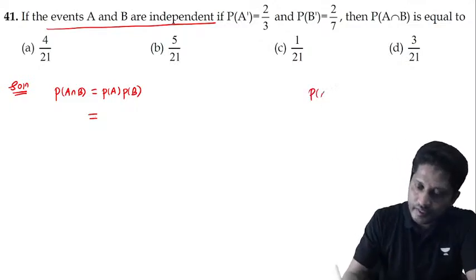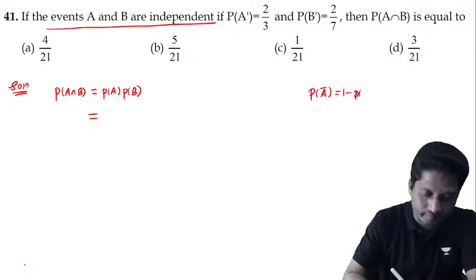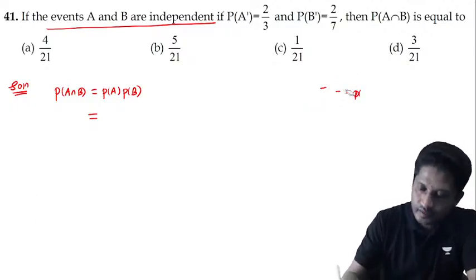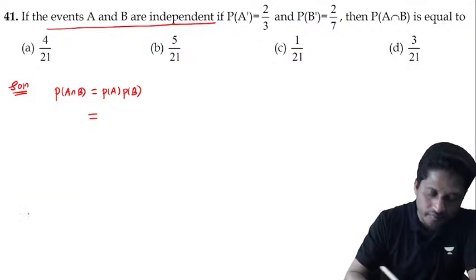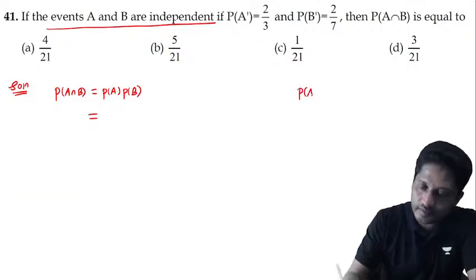We know that P of A bar is equal to 1 minus P of A. P of A plus P of its complement is always equal to 1. So probability of A plus probability of A bar is always equal to 1.